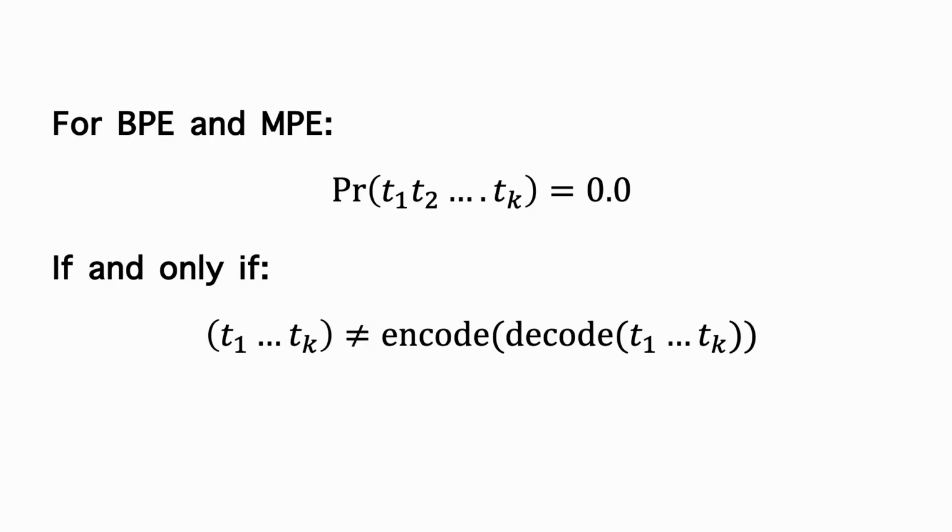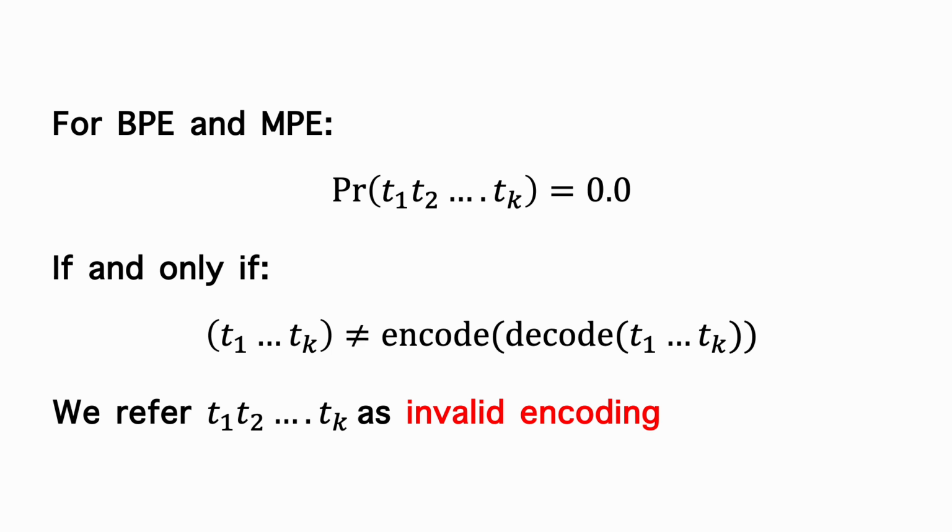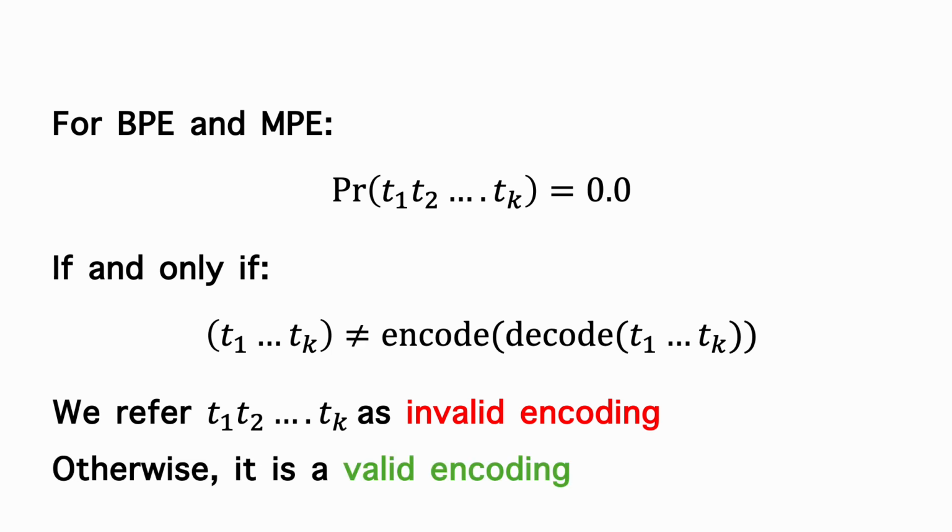For BPE and MPE, we can precisely know when this happens. In general, a sequence of tokens has zero probability if it is different from the encoding of its decoded string. We refer to these encodings as invalid. Otherwise, it is a valid encoding.